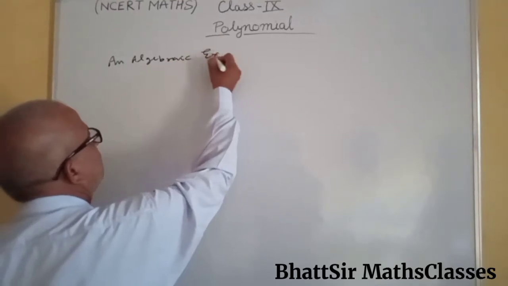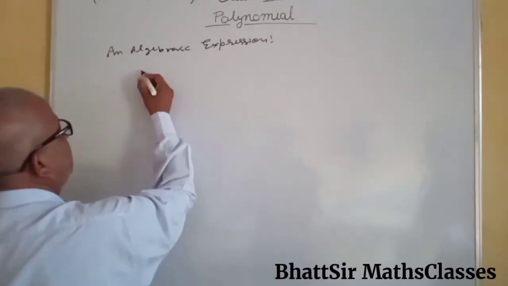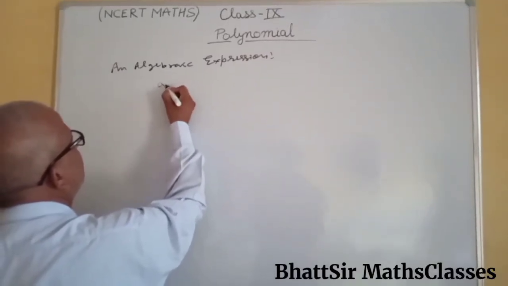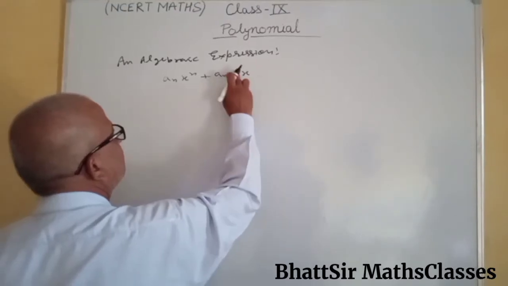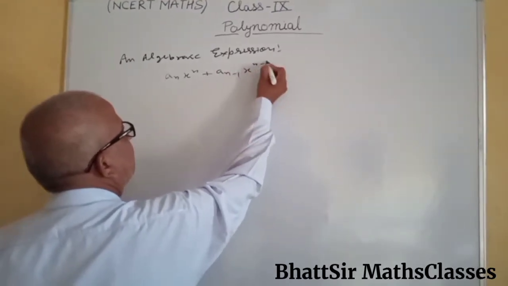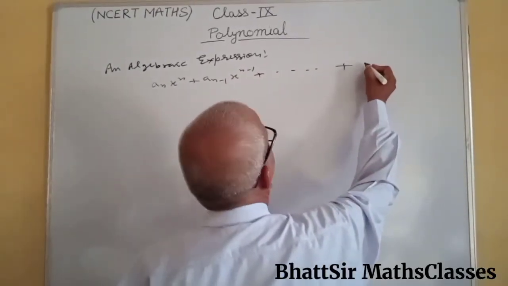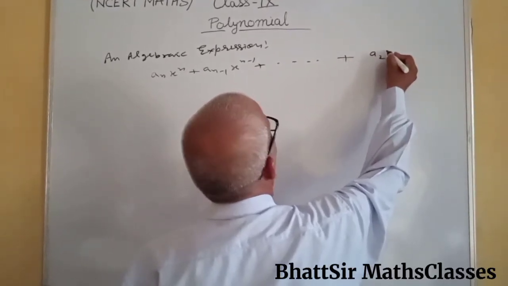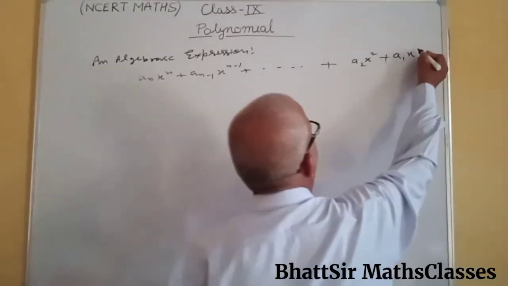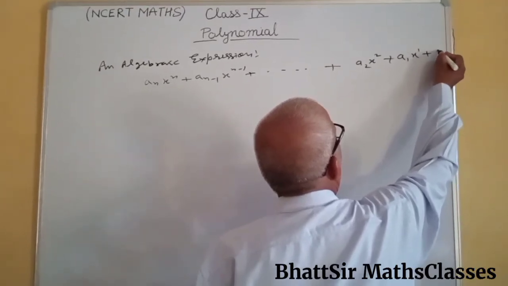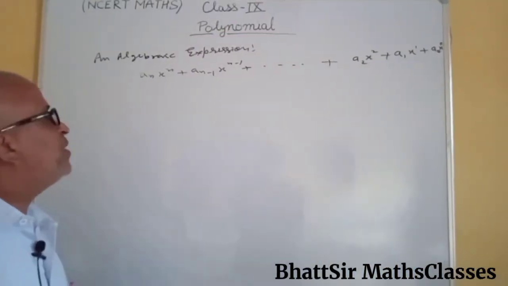An algebraic expression is of the form a_n x^n + a_(n-1) x^(n-1) + ... + a2 x^2 + a1 x + a0. It is the form of an algebraic expression.